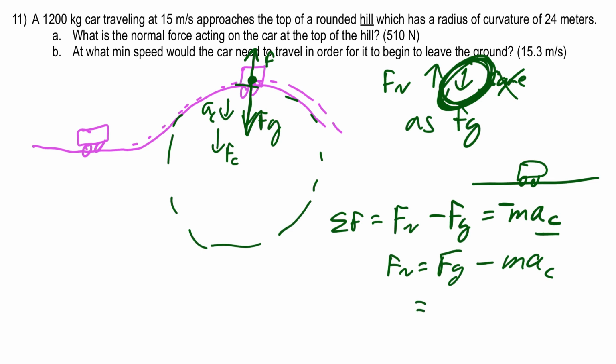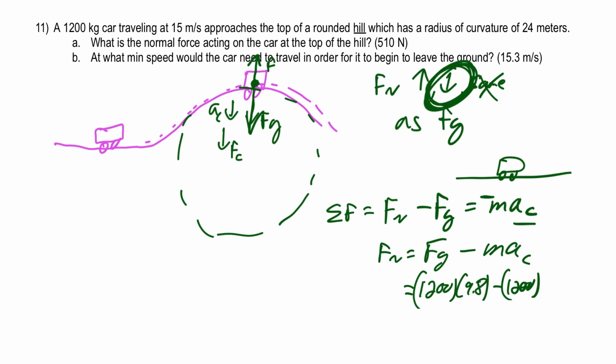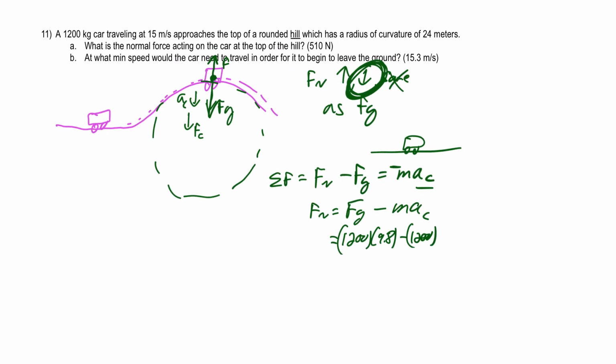But let's go ahead and plug in the numbers here. So this would be mg, so 1200 times 9.8 minus our m, which is also 1200, and then we're going to go v squared. What was our velocity here? 15, divided by the radius of the curve, which is 24.